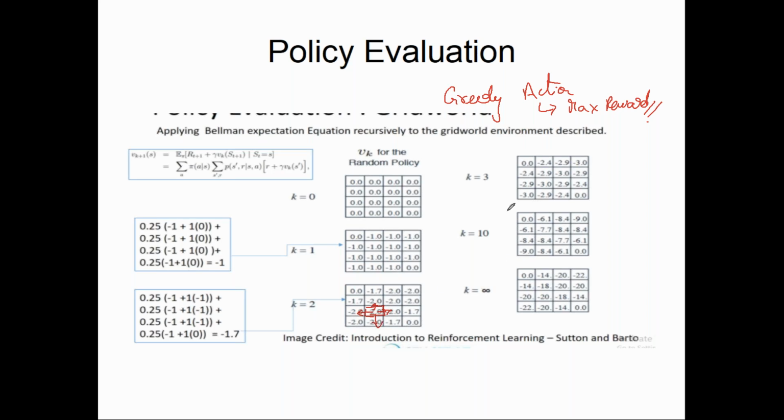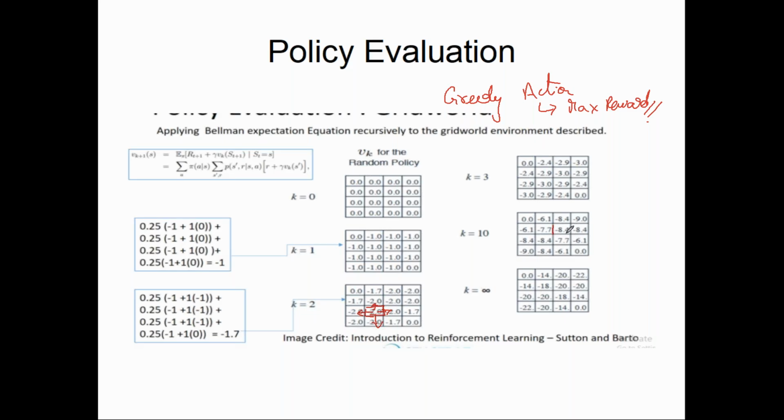Let's come somewhere here. Now, please keep in mind that these values are negative. So negative means the least value, I mean the numerically least, right? Because of the negative sign, that's greater.